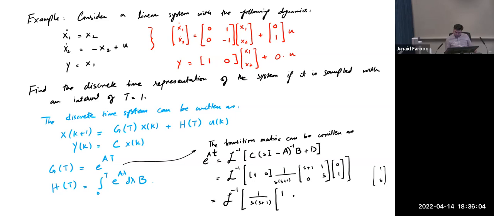I think I'm making a mistake. Yeah, so it's simply 1, right? If you evaluate this product, I think it's simply 1. Is it? No, I think there's a mistake somewhere.